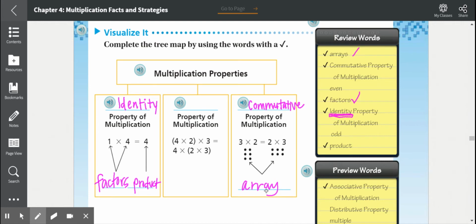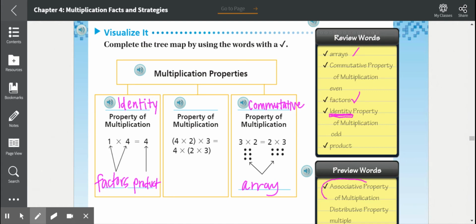Okay. Now this property here in the middle, the blank property of multiplication. Let's look at these. So we have 4 times 2 times 3, 4 times 2 times 3. So the order of the numbers is the same, but what's different is the parentheses. So here the parentheses are around the 4 and the 2, and then down here they're around the 2 and the 3.